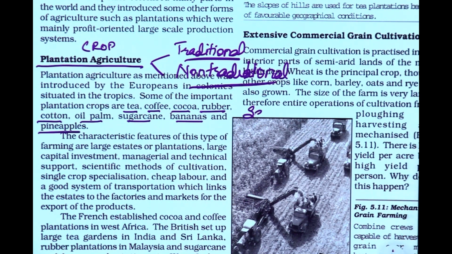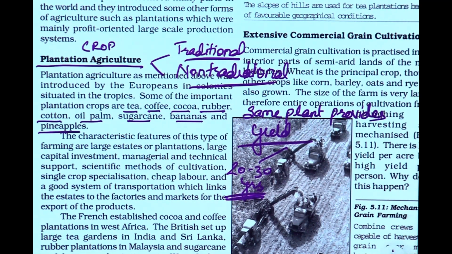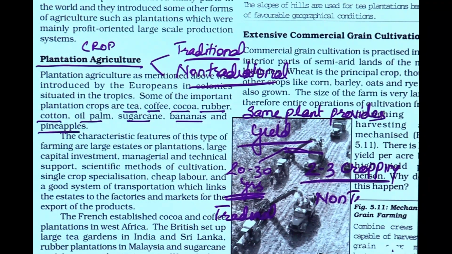If the same plant tends to give us yield for 20 to 30 years, then it is traditional, and if it is providing yield for 2 to 3 cropping seasons, then it is non-traditional. This is very important, and that difference should be clear with us.